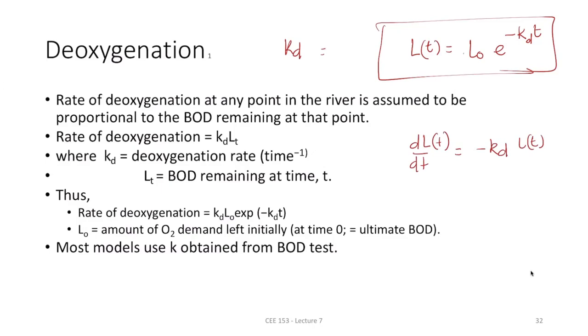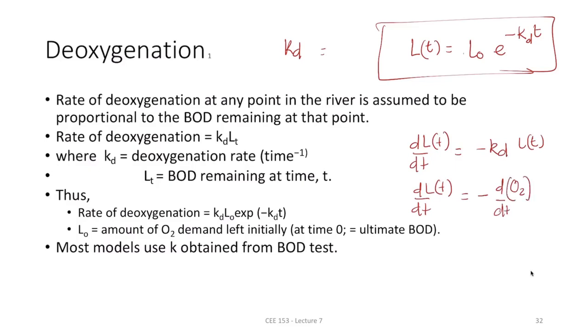This one, and at the same time you also know that this dLt, the amount of BOD consumed, is inversely proportional to the amount of dissolved oxygen. It is how much oxygenation, the rate at which the oxygen is being consumed.